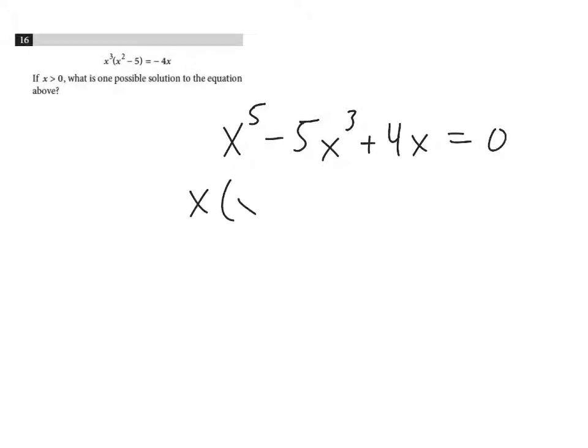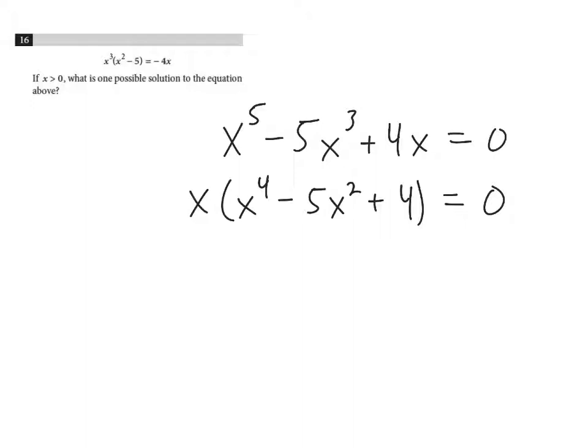If I distribute that x cubed, I'm going to get x to the 5th minus 5x cubed. I'm going to add 4x to both sides, and I'll set it equal to 0. Well, now I'm always looking for a common factor. I can factor out an x. I'll get x to the 4th minus 5x squared plus 4 equals 0.